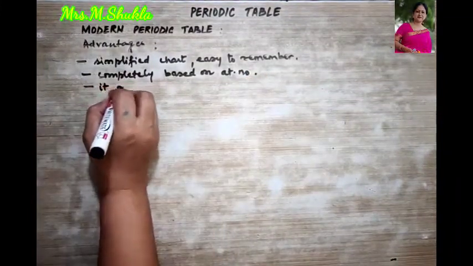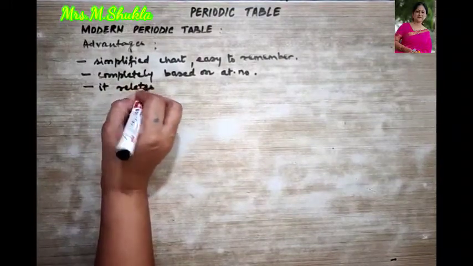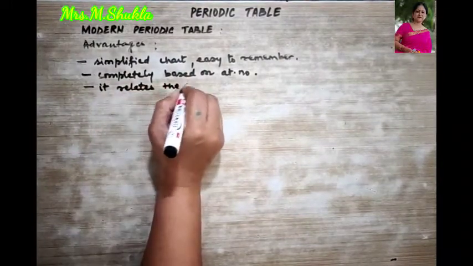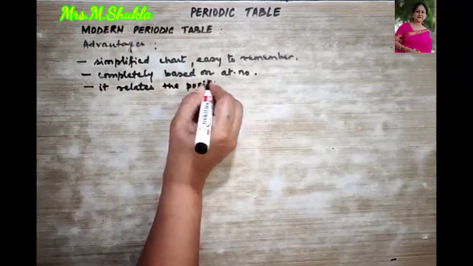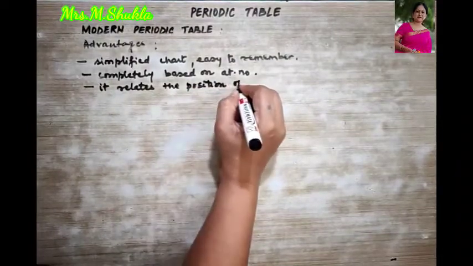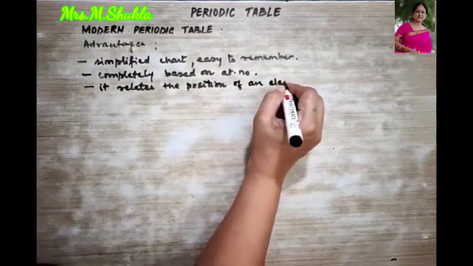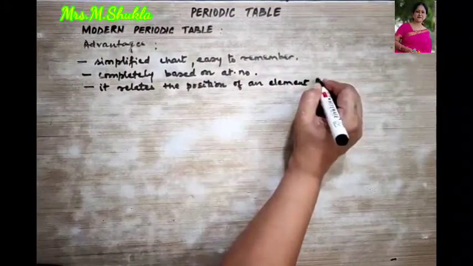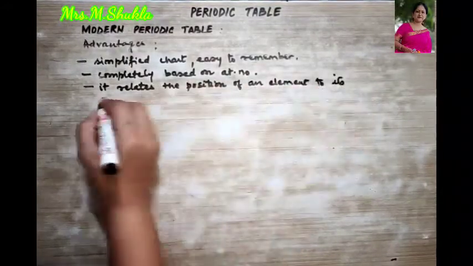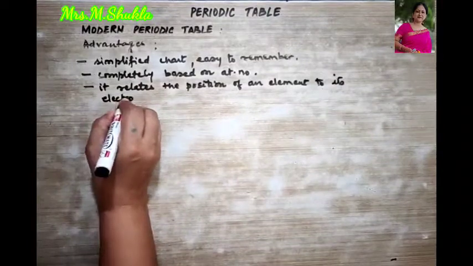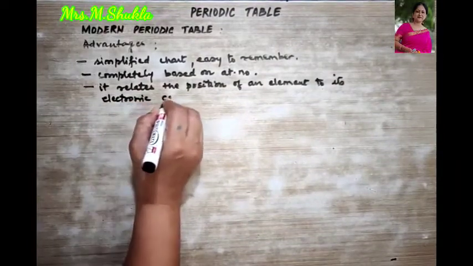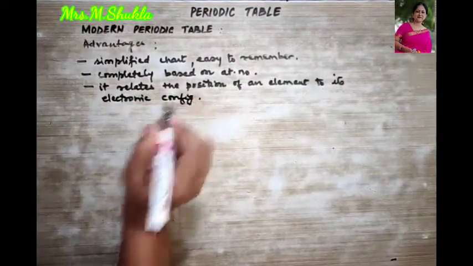Then it relates the position of an element to its electronic configuration, right?